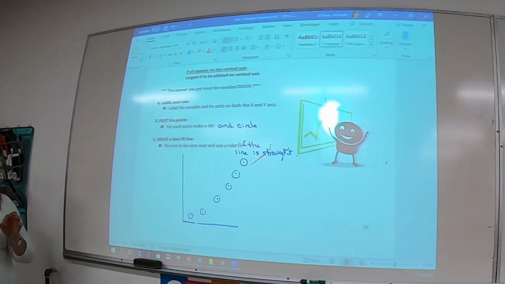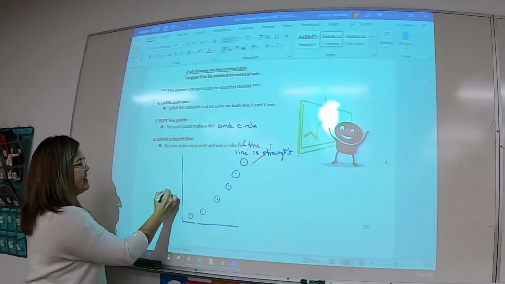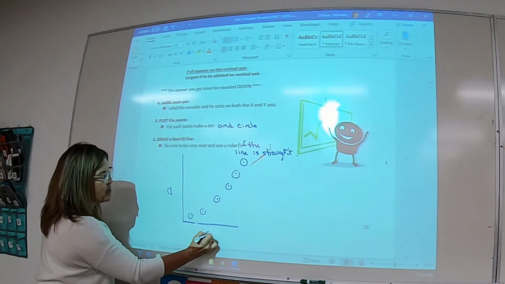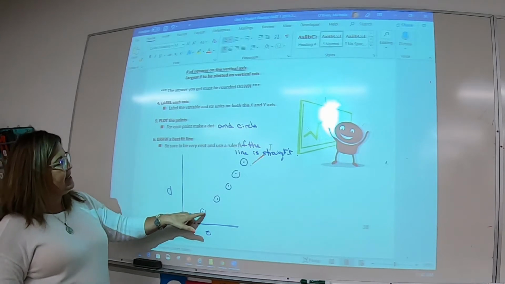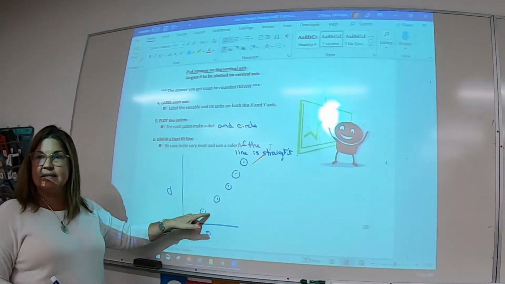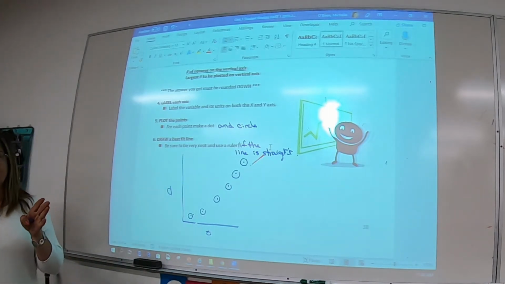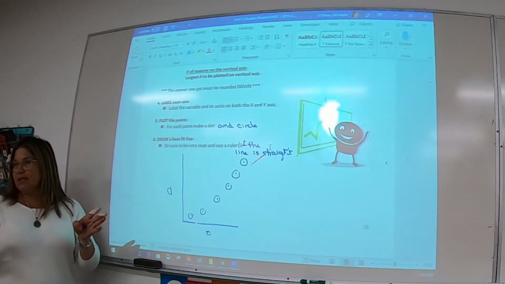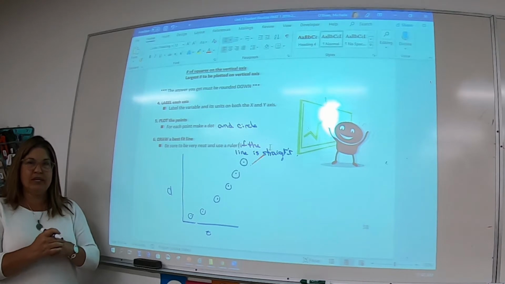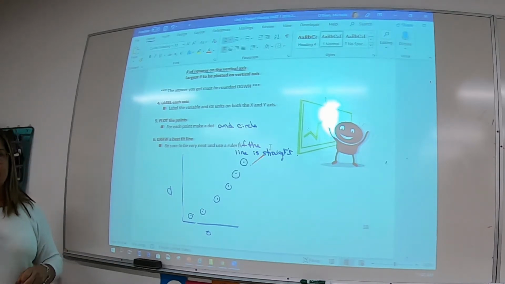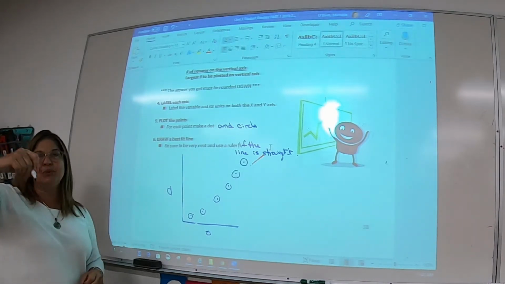Okay, so I wouldn't want to do a straight line here. If we had a distance time graph, this would indicate that you're accelerating, you're speeding up. So a straight line would be saying, oh no, the speed is constant. And that wouldn't be true here. So when I do this, I have to do a smooth curve.